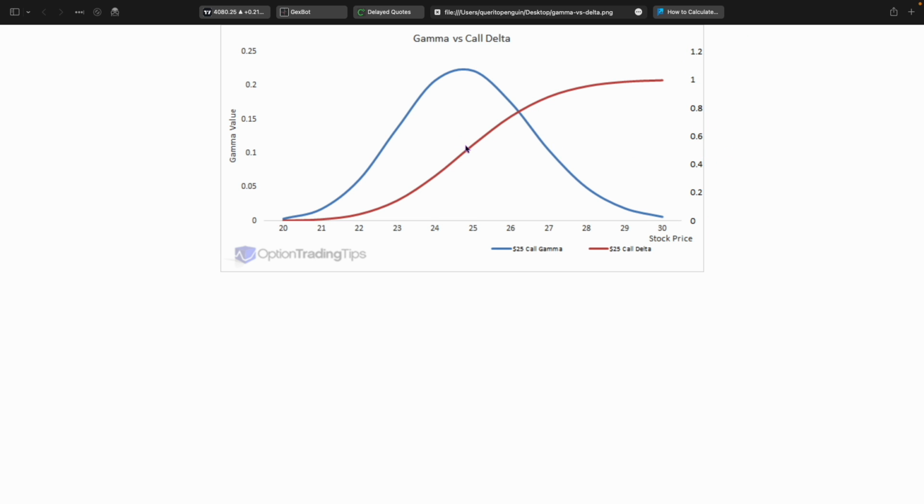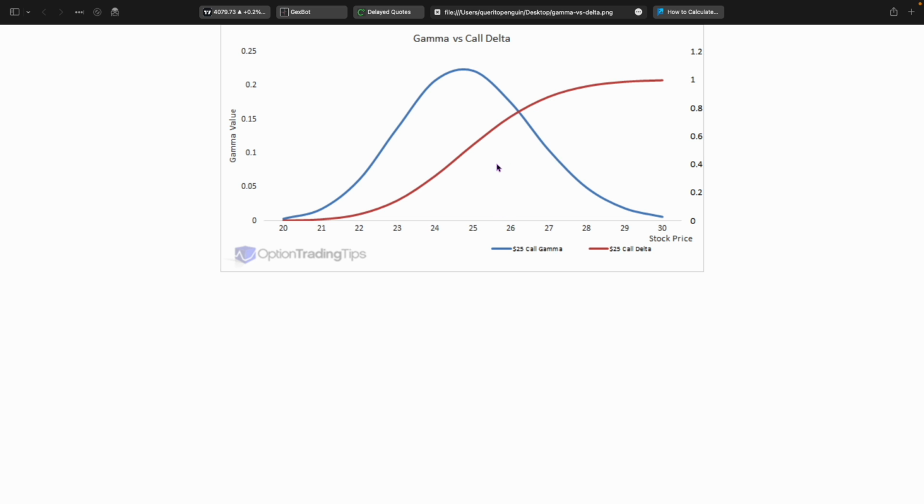And so there's this inflection point right here of the delta curve, which is the share simulation aspect of the option. And that inflection point is precisely what gamma captures. It tells you at what point is this option going to either be worth a lot or be worthless? At what point is it capable of, it's not quite, but we can think about it like exponential movement, right?